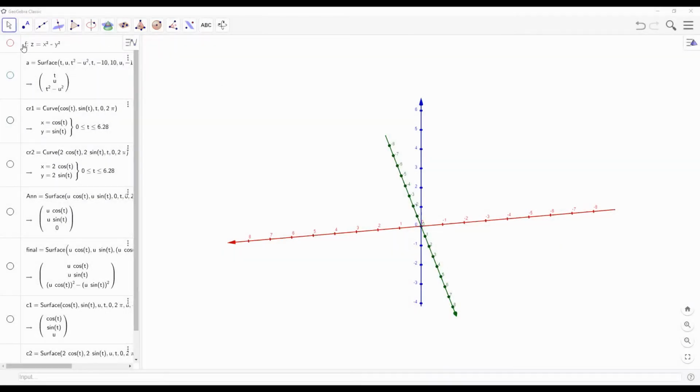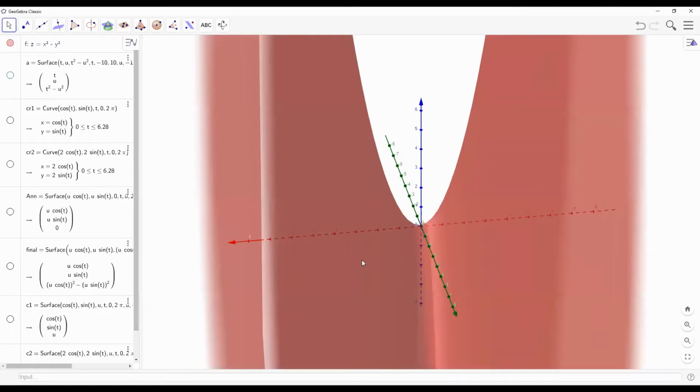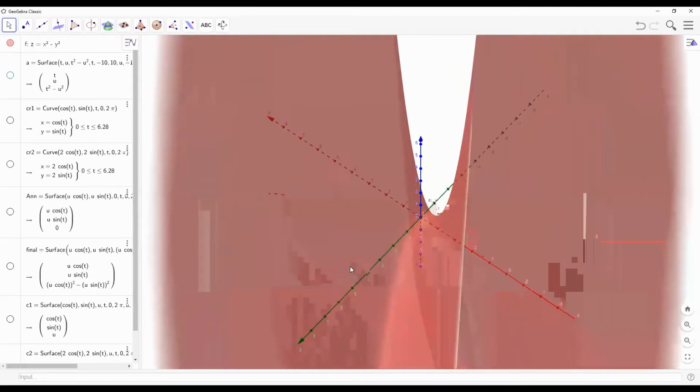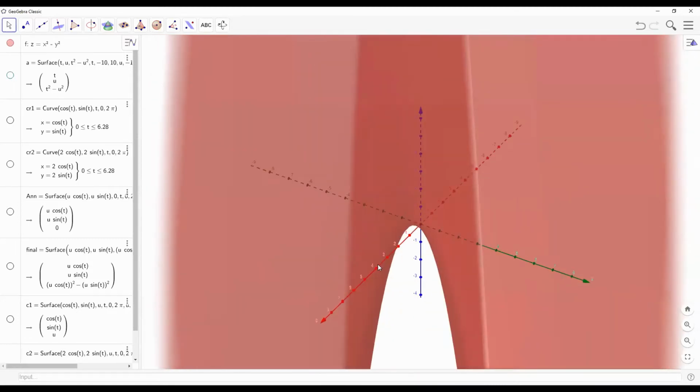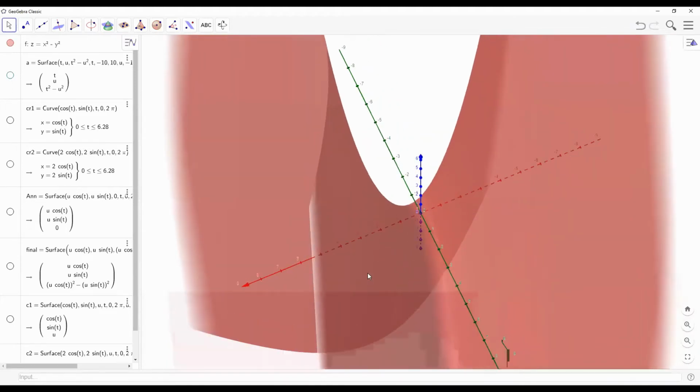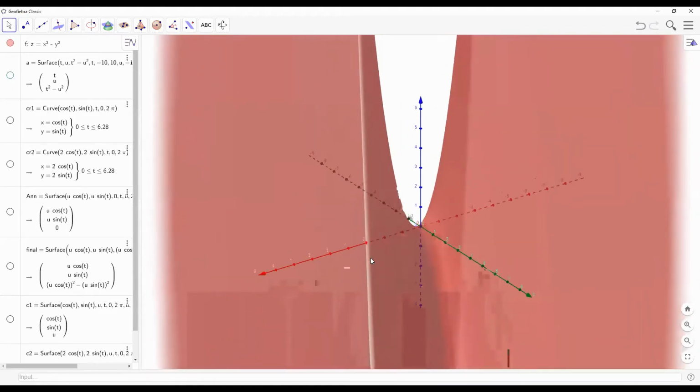So here's our function, z equals x squared minus y squared. And sometimes it's easy to see the type of shape that they're talking about in GeoGebra here. And other times it fills the whole screen with all the points, and it's really difficult to get a good idea of the shape.